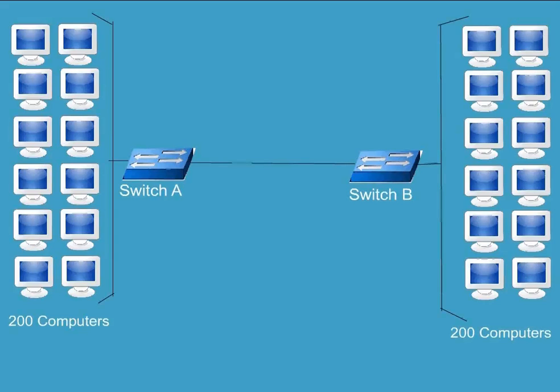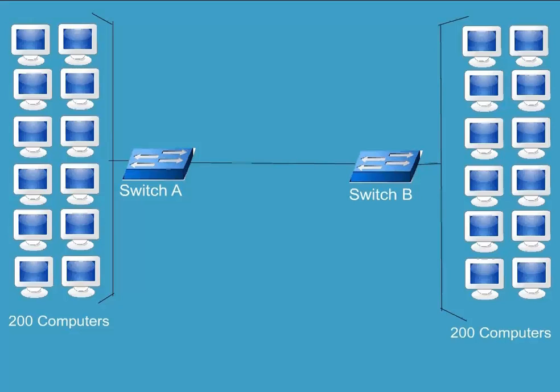Here we have two switches and 200 computers are connected to each switch. Now, if the 400 computers want to communicate with each other, every switch has to learn the 400 MAC addresses. So they need to know the MAC addresses of the computers on the left and right side.